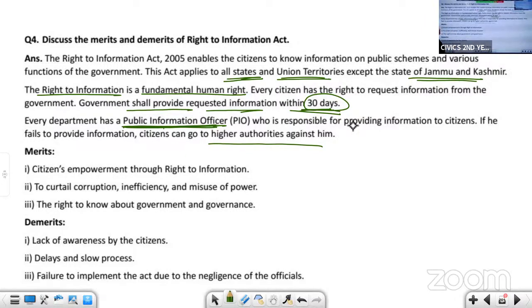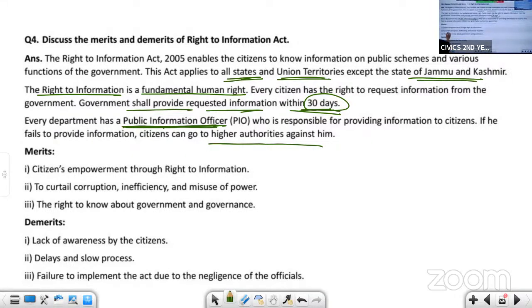He should give that information in the form of printouts or CDs, floppy disk. And the same information you can use as evidence against the corrupt officials.